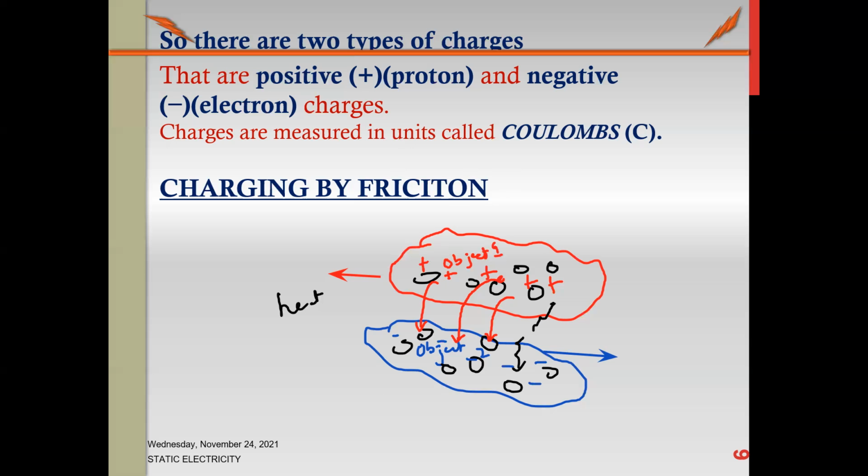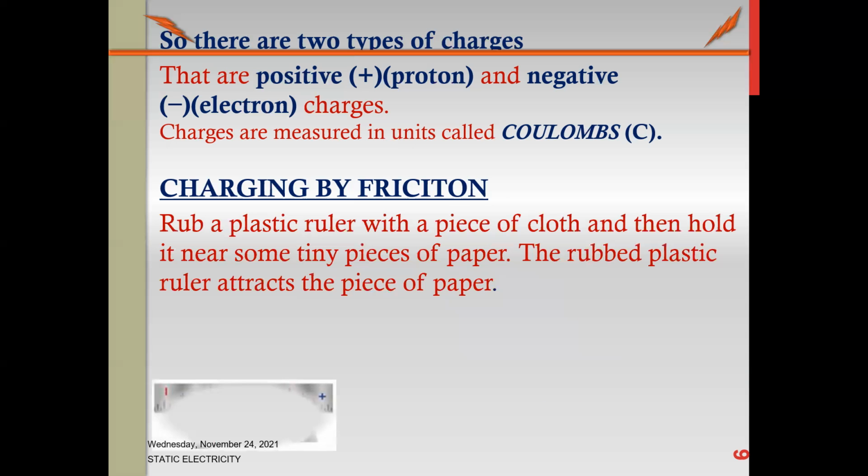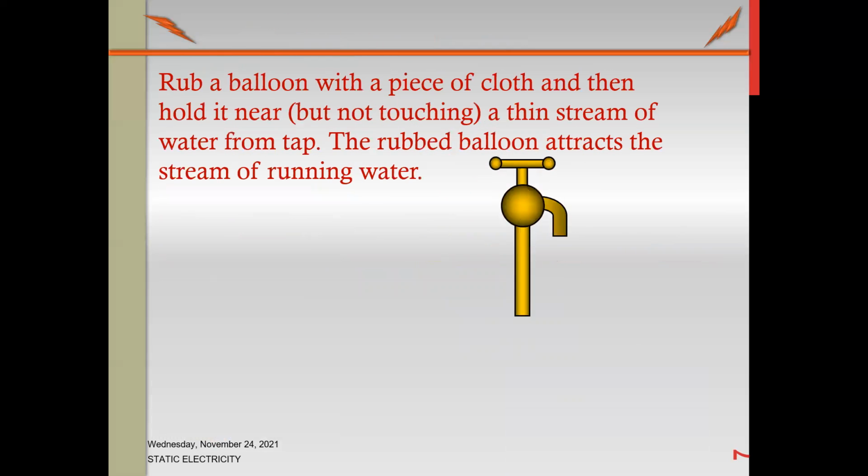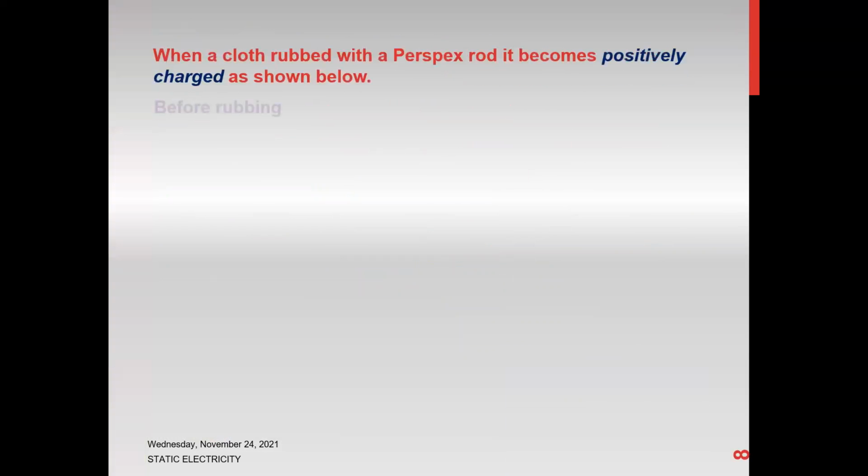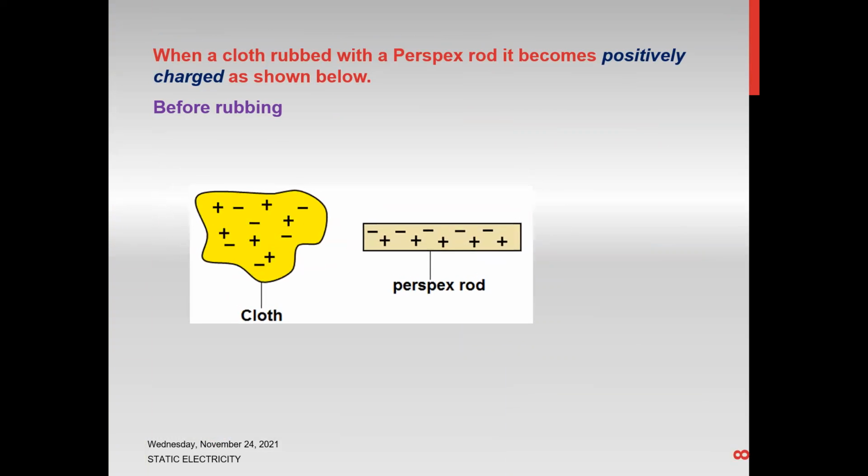Rubbing two surfaces over each other allows the electrons to jump. When these electrons jump, they travel from one surface to another, and we call that electrostatic charging by friction.